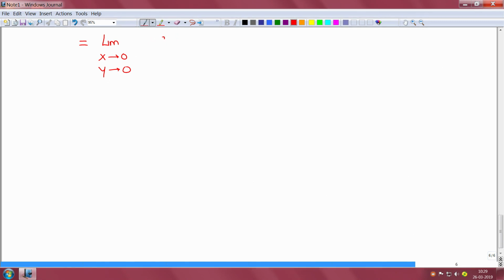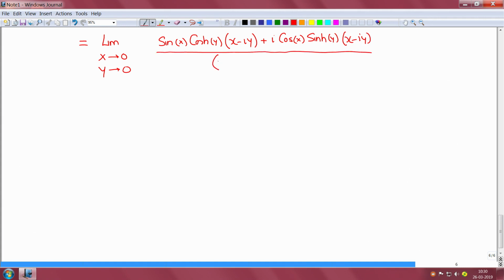So we get sin x cosh y into (x minus iy) plus i cos x sinh y (x minus iy), and in the denominator we multiply (x plus iy) and (x minus iy).